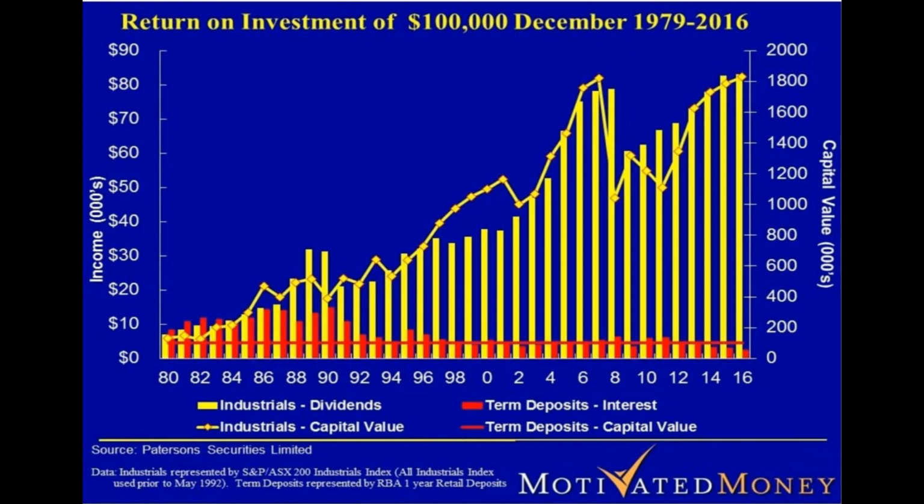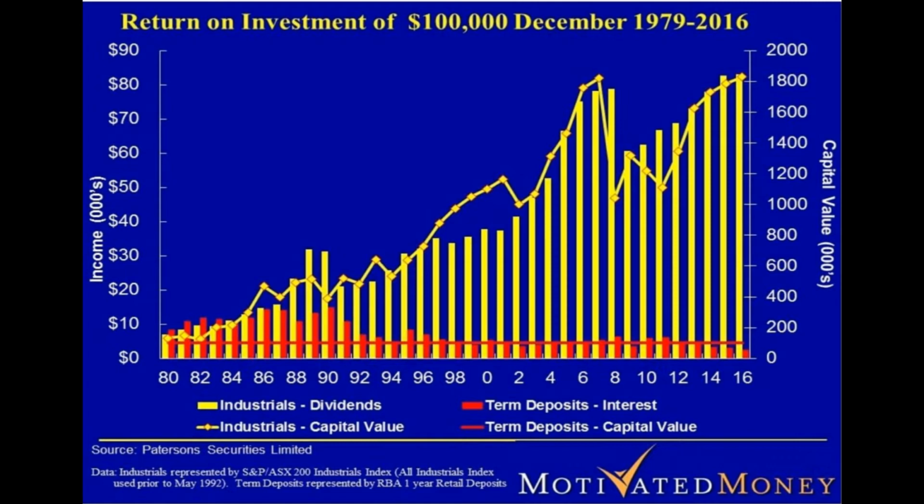And even as we went through up until 2008-9 when we had the global financial crisis, we saw that the income line fell, but that the income line, that is the dividends generated from the investments, has since rebounded and returned.